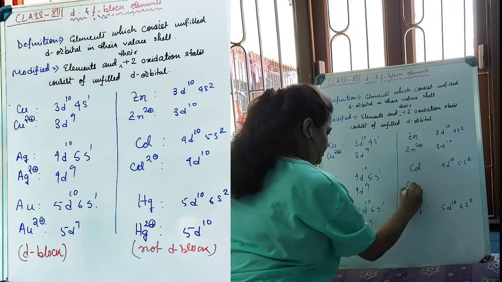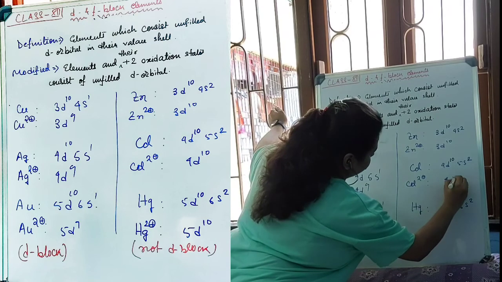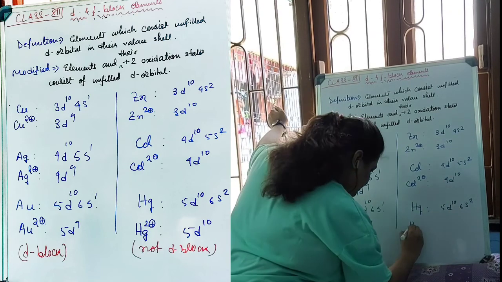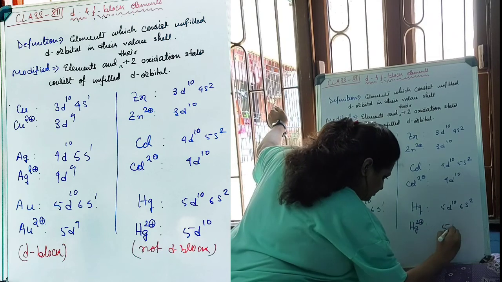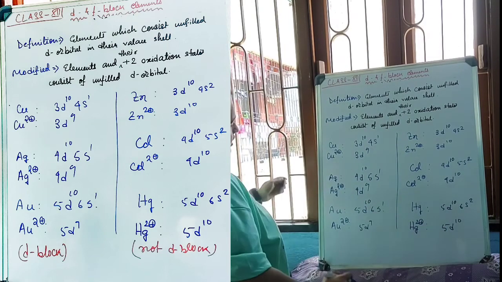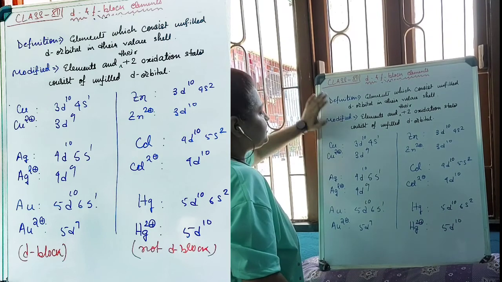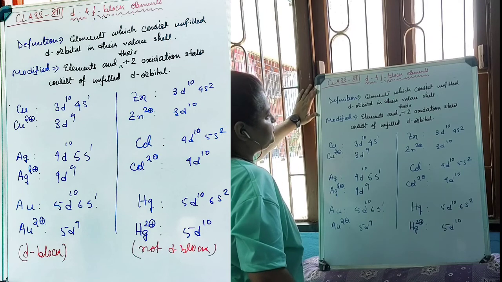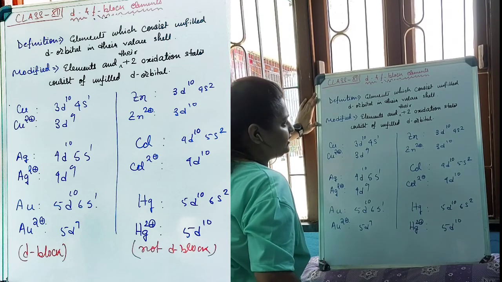For cadmium, cadmium 2+ will be 4d10, and for mercury 2+ it will be 5d10.